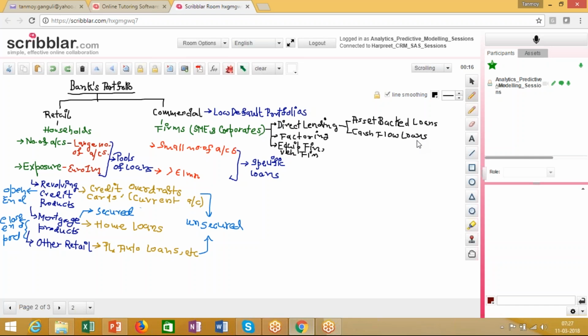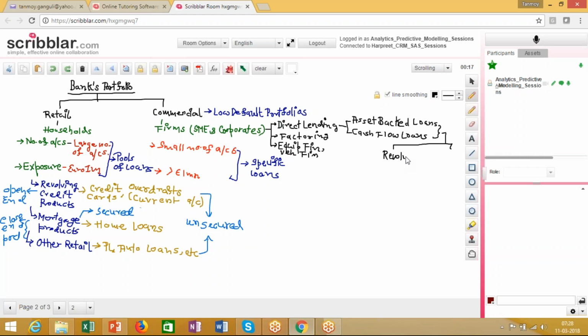Cash flow loans, right? Now, within these cash flow loans and asset backed loans, there are different types of lending products, there are lending techniques, right? So the overall lending techniques of these two are, number one, revolving credit or revolving loans, very similar to what credit cards are, but the product is designed in a different manner.